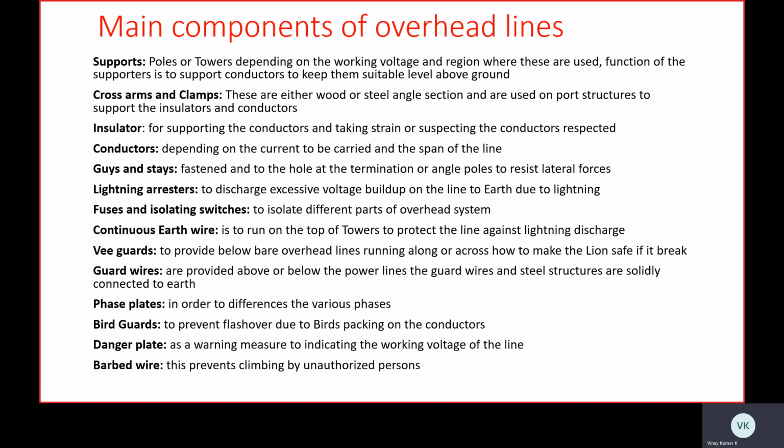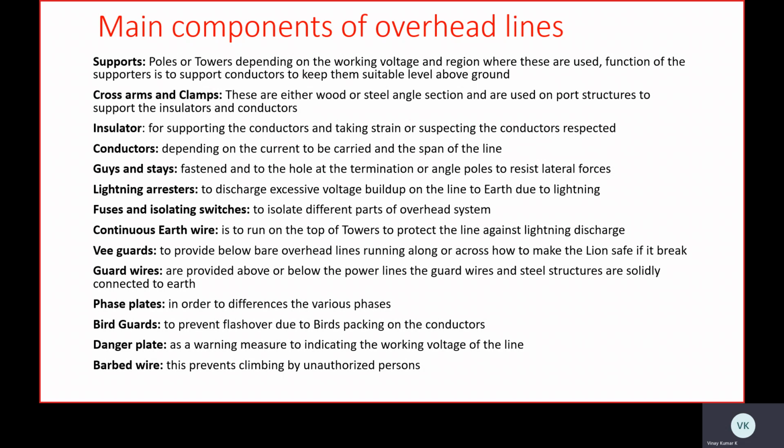The next thing is the cross arms and clamps. The cross arms and clamps are made of either wood or steel. In the previous era, centuries ago, we were using wood materials. But as the technology changed, we moved to steel towers and steel materials, which we use nowadays.